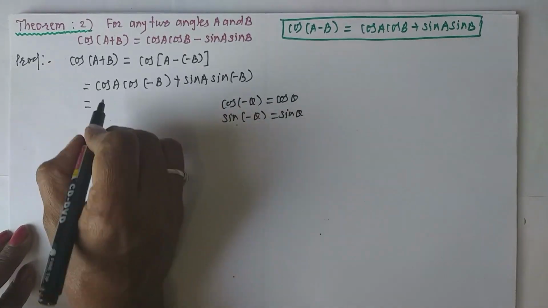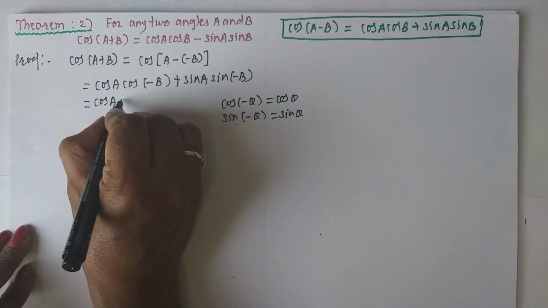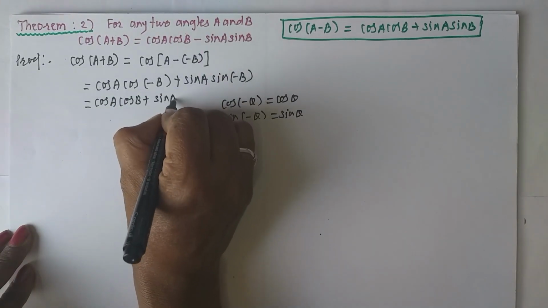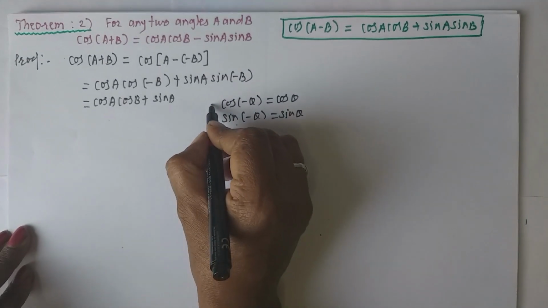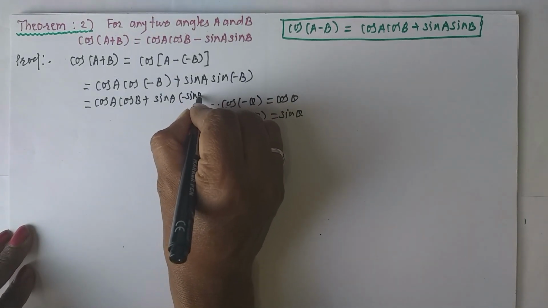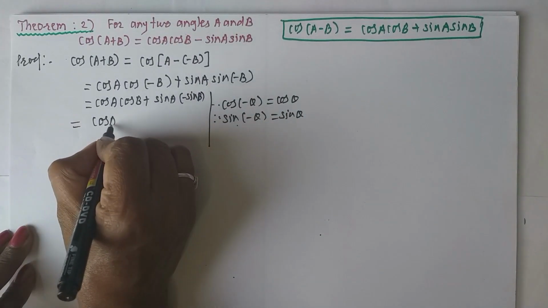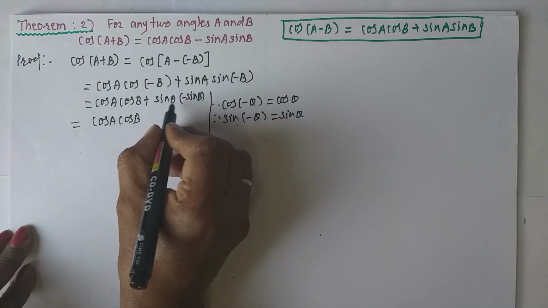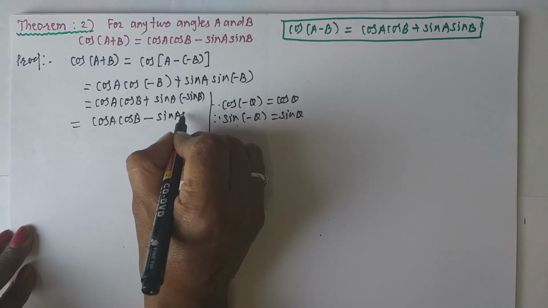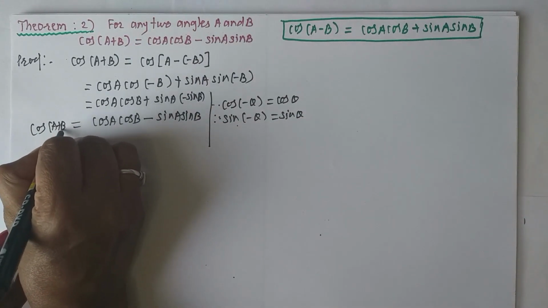Now this becomes cos A cos B, and according to this formula, sin A sin B becomes minus sin A sin B. In this way we have proved the formula for cos A plus B.